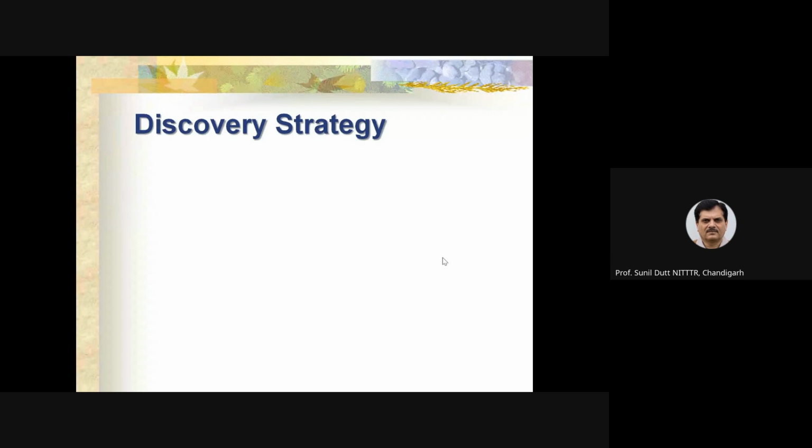Basically, this strategy is a student-centered strategy. The first strategy, if you apply only the first step, focuses on the teacher as a sage on the stage. Okay. Now, in the discovery strategy, the teacher acts as a guide on the side of the students.